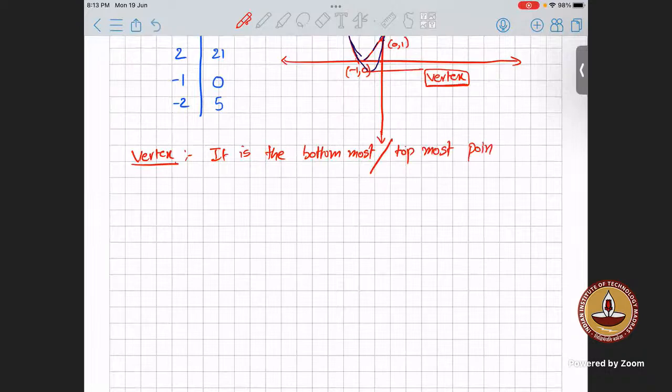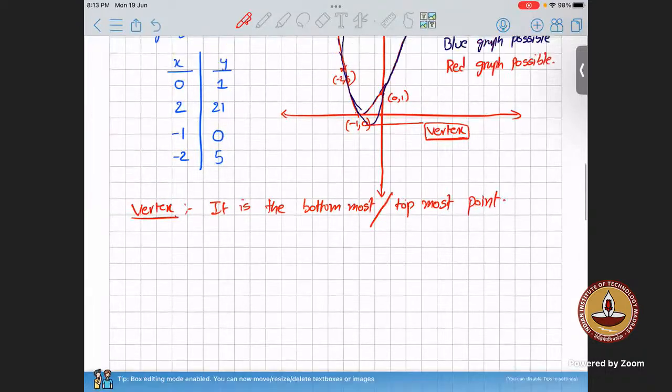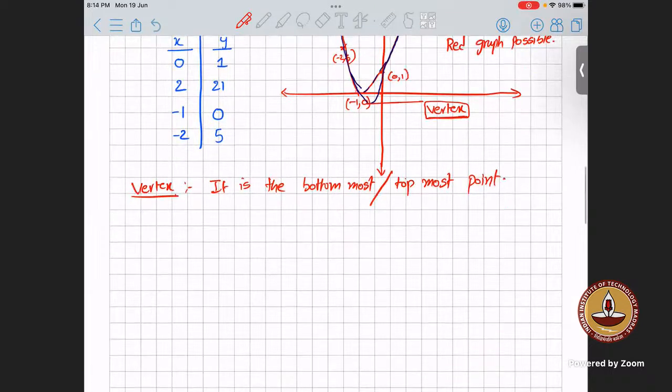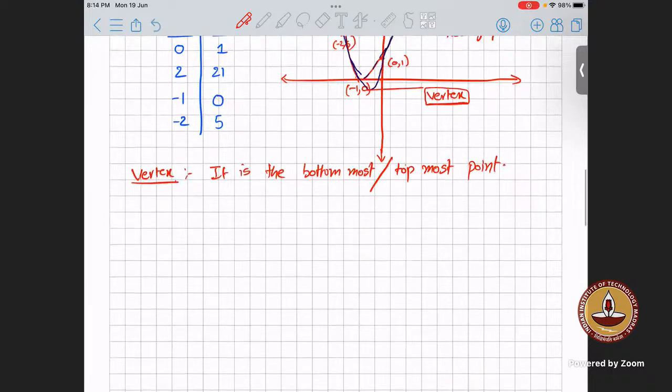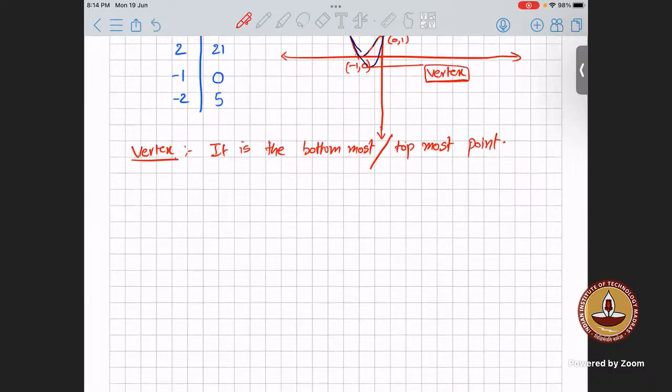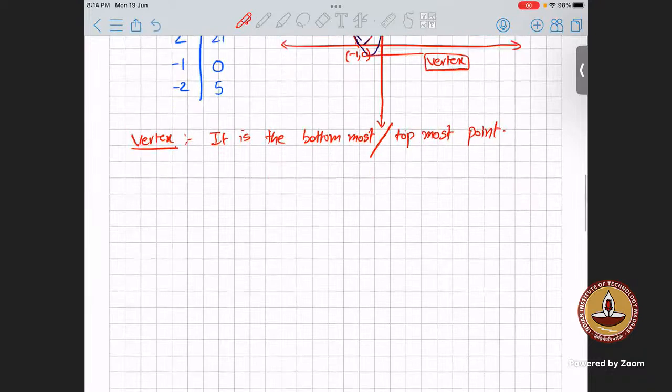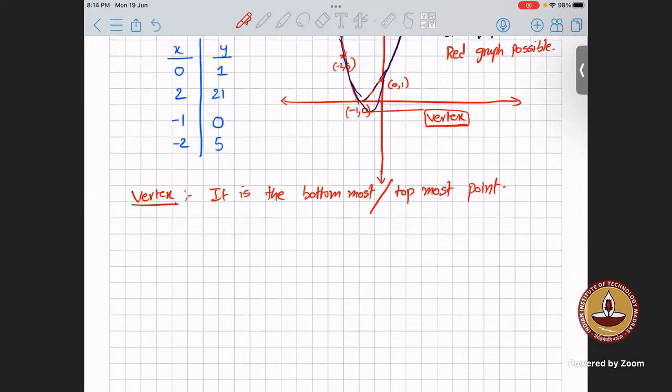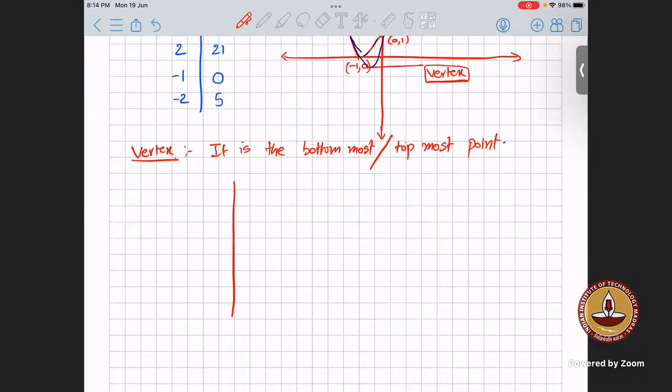So this is week 3. Is this from week 3? Yeah, week 3. The vertex is the bottommost or topmost point. If you know the vertex and if you know two or three points, you can perfectly draw the quadratic function.